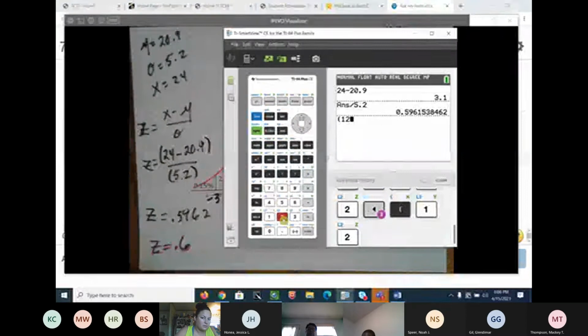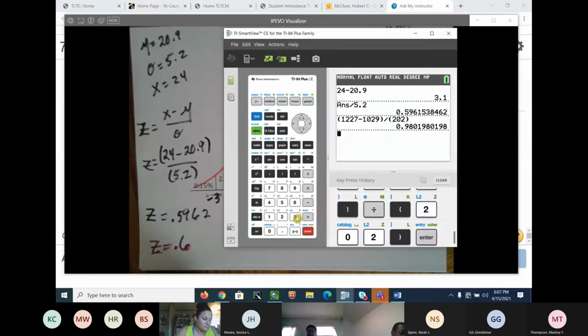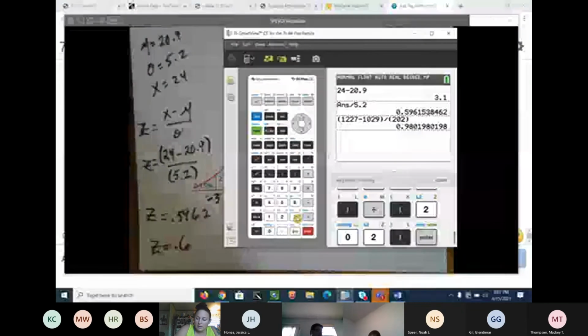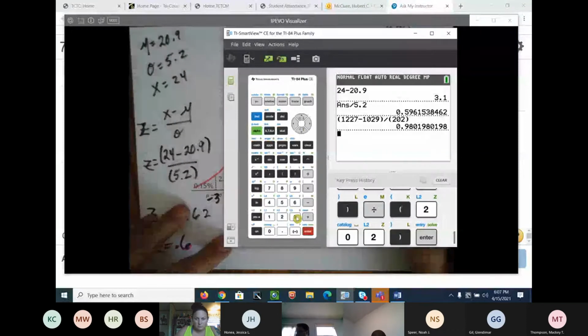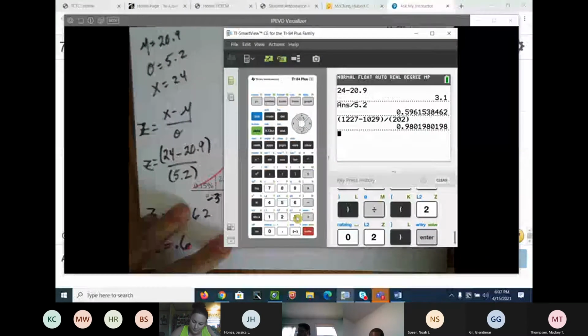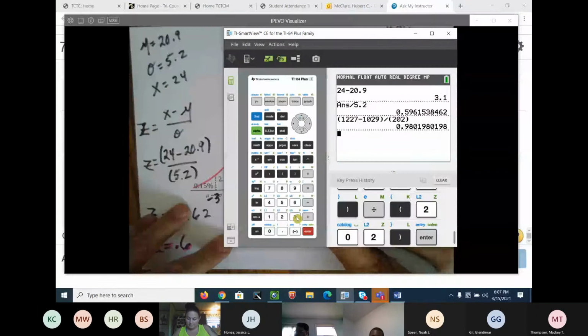Parentheses 1227 minus 1029 close parentheses divided by parentheses 202 close parentheses and enter. 0.98. Yep, that's what I got. So z is equal to 0.98 with the blue. 0.98 is right there.